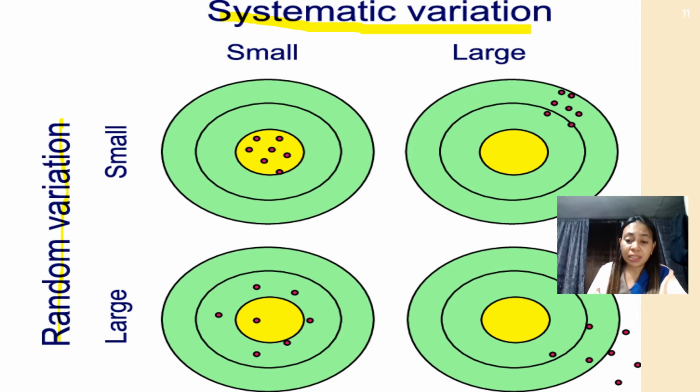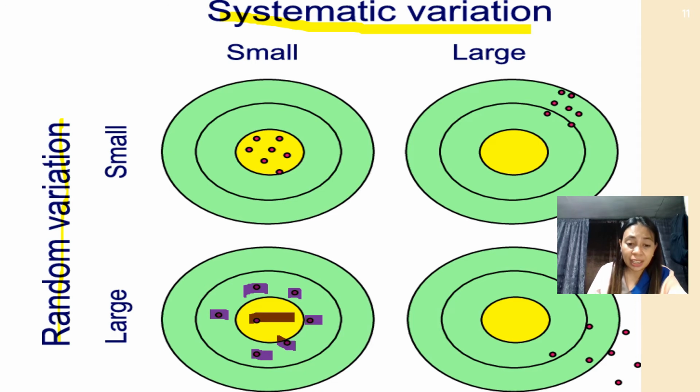Based on this illustration, for example, if our readings are like this one here, as you can see, the reading is not precise, but somehow it's accurate because it's near the yellow, which is the center.